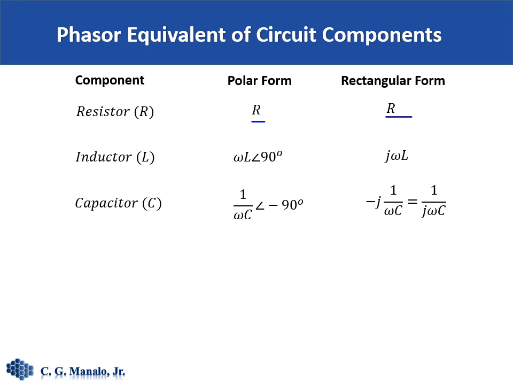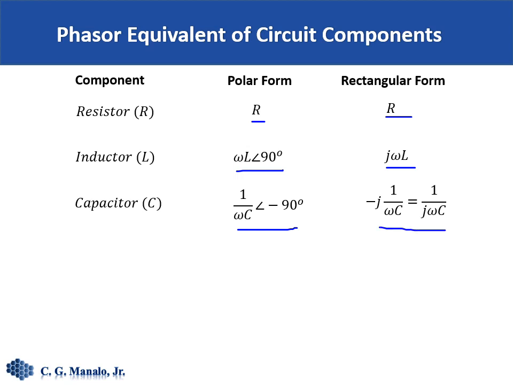The inductance in polar form is given by this one, so it's omega L angle 90 degrees, and in rectangular form it is j omega L. For the capacitor, it is this expression, and for rectangular form this is the expression.